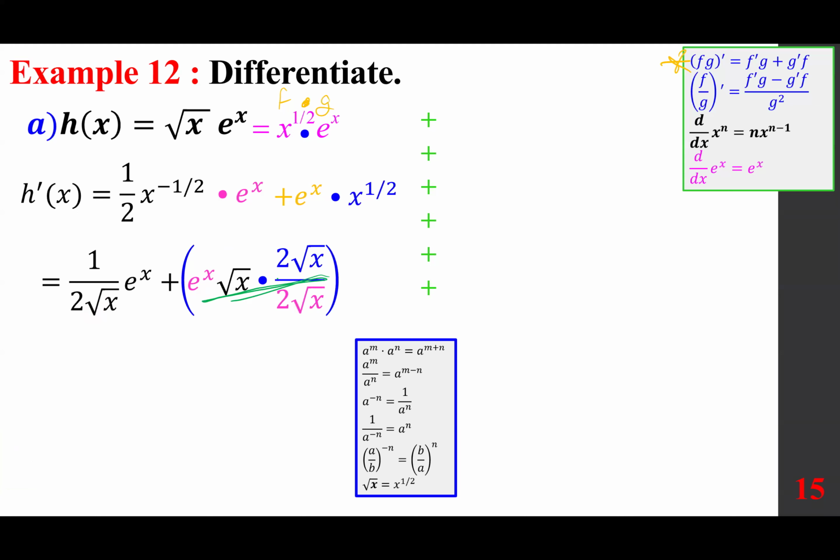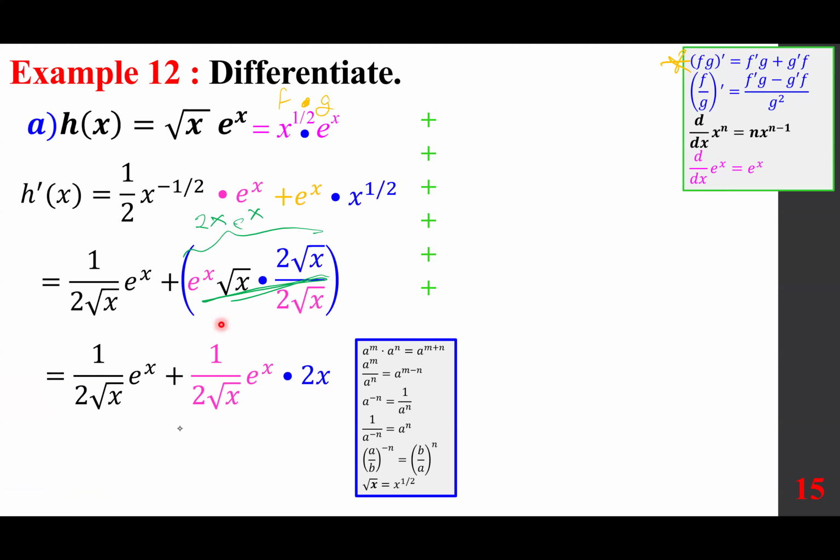When we multiply these two, understand that if you extend this fraction bar, you have e to the power of x times square root of x times 2 times square root of x, which means this one really becomes 2x e to the power of x. And so we are going to rewrite this one, and then 2x e to the power of x over 2 square root of x as 1 over 2 square root of x times e to the power of x, and we have 2x left.